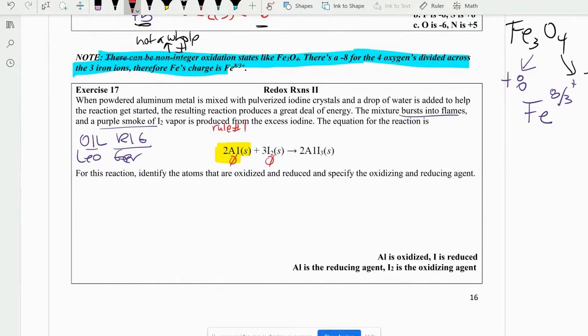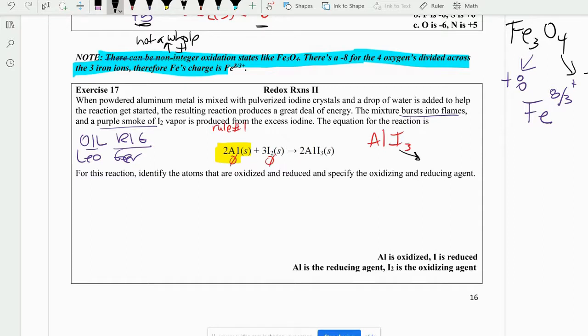And we go over here to this compound that forms from this reaction. Aluminum's a metal, iodine's a non-metal. So let's go ahead over here. I'm going to make a little bit more space for us so we can figure out the oxidation states of each one of these. In this particular case, I generally start with the non-metal to determine oxidation states. That's generally where you're going to want to go.